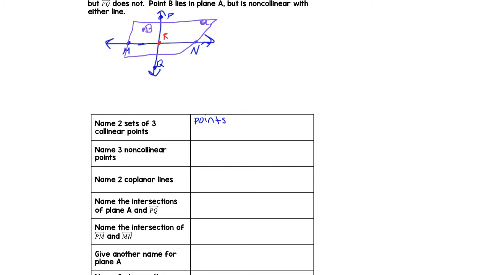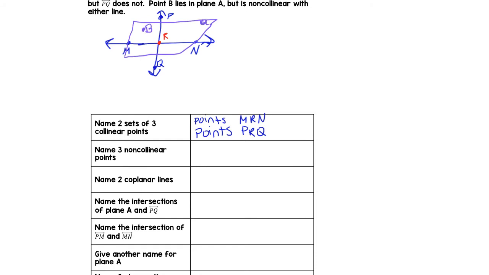And the other one will be points, probably gave it away, P, R, Q. Those are all collinear.